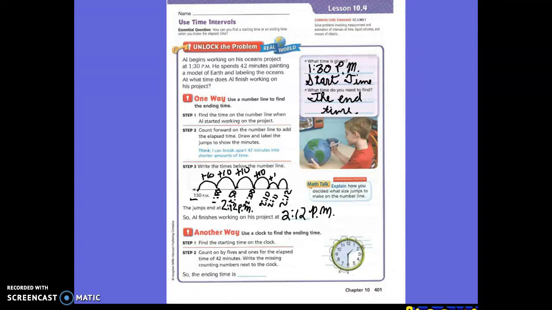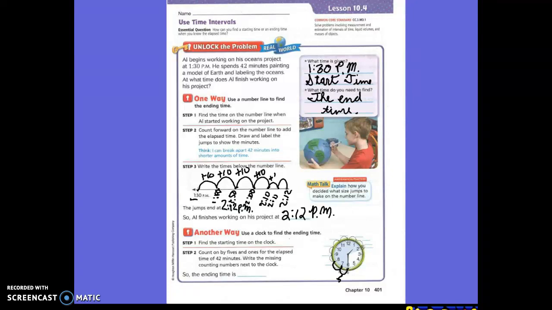Okay? You would show what time he started with, which is 1:30. So if you are going to jump 42 minutes, this time you're doing it on a clock though, so you'll jump by 5s instead of 10s. Do you understand? To go from 30 and then add 5, you get to 35, right? 5 more minutes.